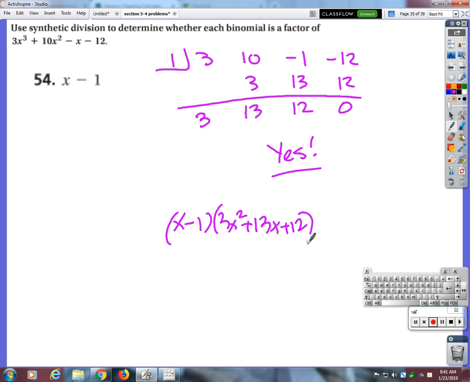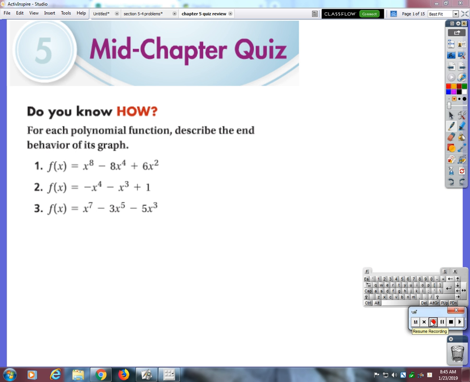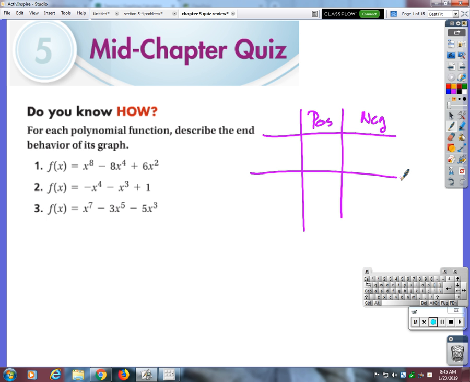All right. Anything else? Okay, so the chart that we made was we had positive or negative, and odd and even. I know even positive is up, up.